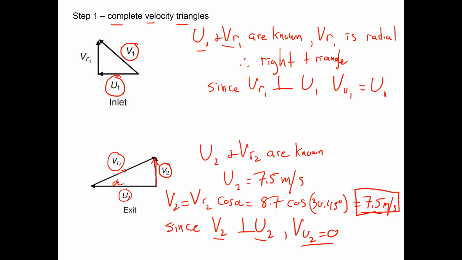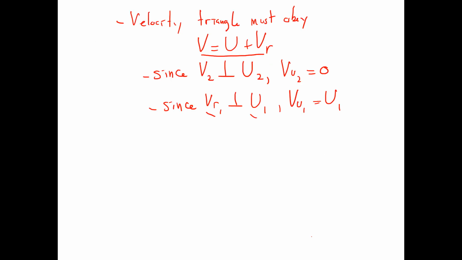So if that's the case, that means there is no tangential component, because the entire direction is in a vertical direction. I hope that clears things up a little bit.